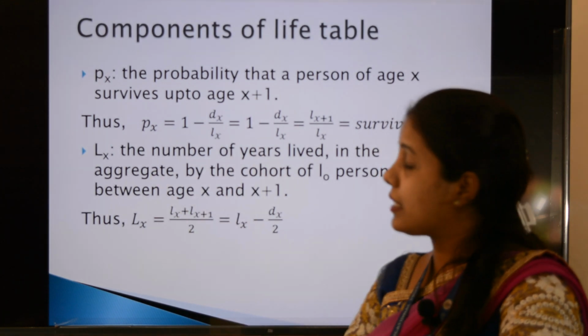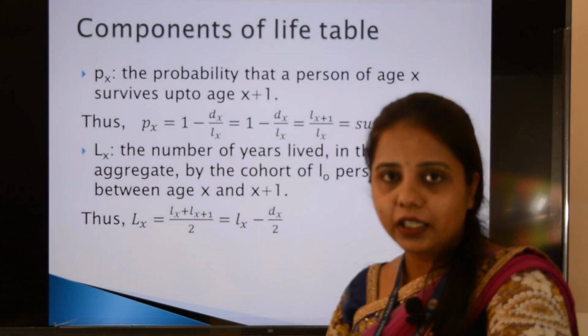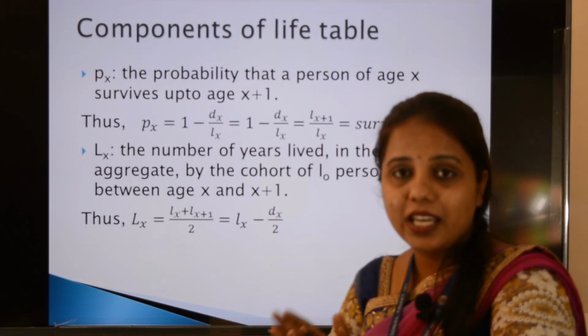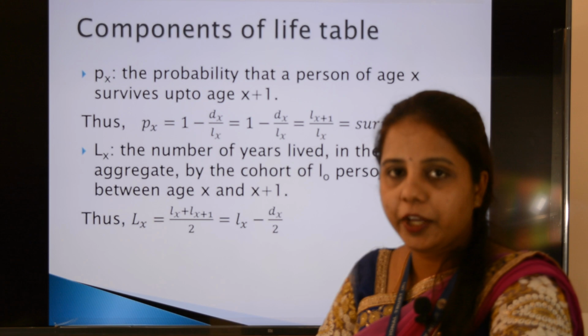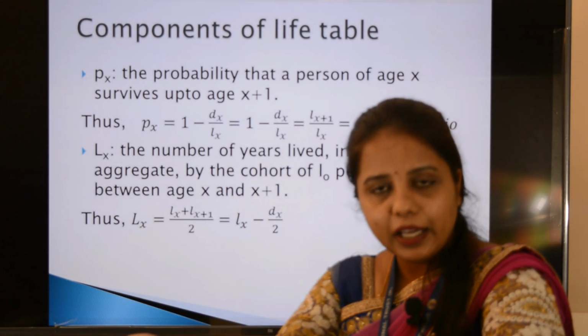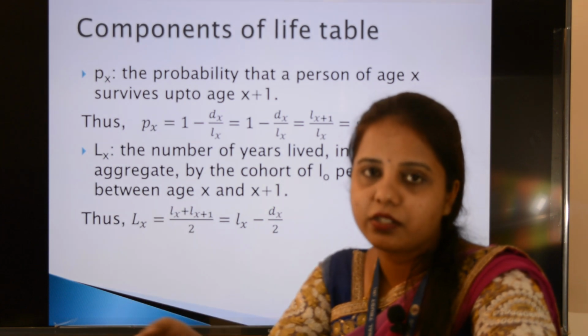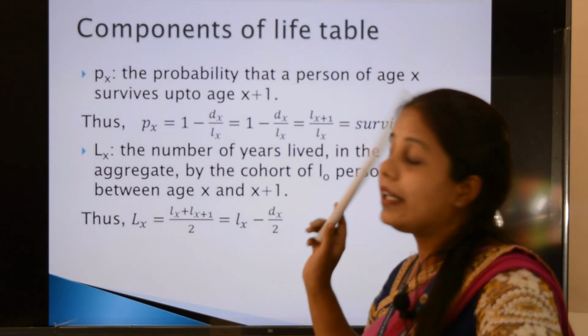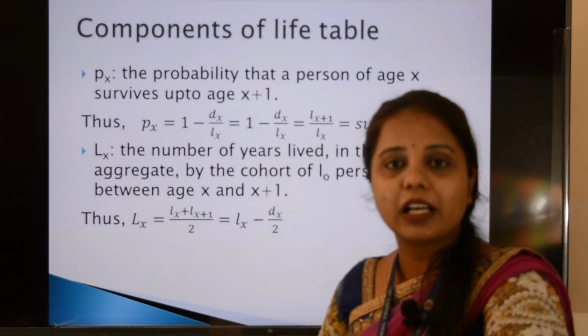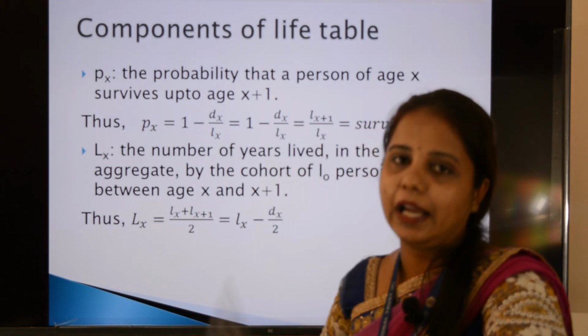So Px is the probability that a person reaches his next age. In the same example of L20, out of 9 people, 7 reached their next age, that is 21 years. So that is why the survival ratio will become 7 by 9.